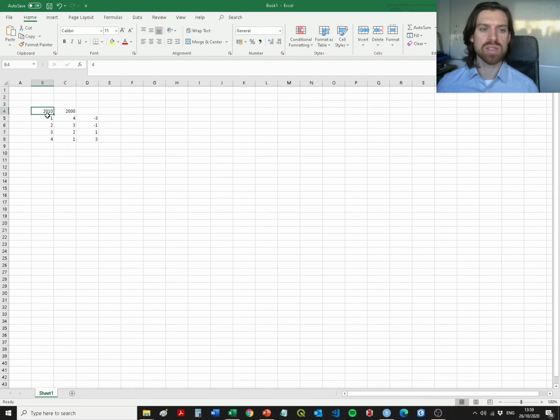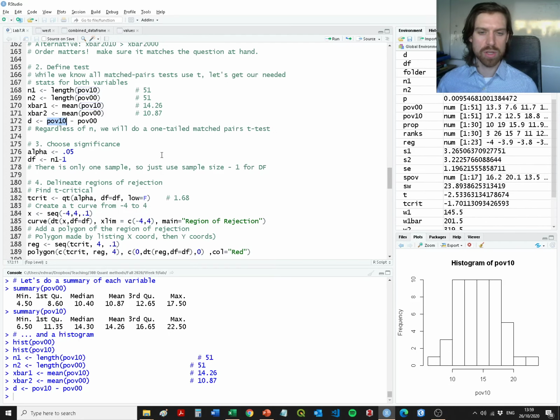Each cell or each place has the value taken from the same place in the other vector. Okay. So I hope that's clear.